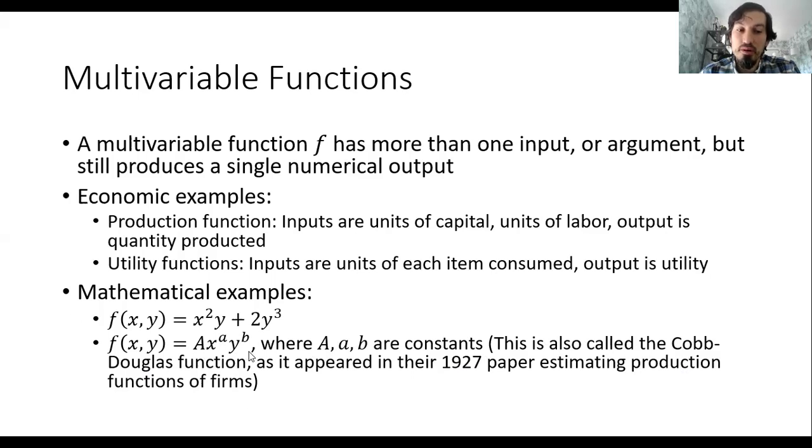They said, this is an important type of function because we believe that when firms are producing as much as they possibly can produce, given a certain amount of labor, like let's say X is labor and Y is capital, then it grows, it changes according to this formula, where A is some constant, X is raised to some power A, B is some constant, Y is raised to that power, and alpha is like some multiplier for the whole thing.